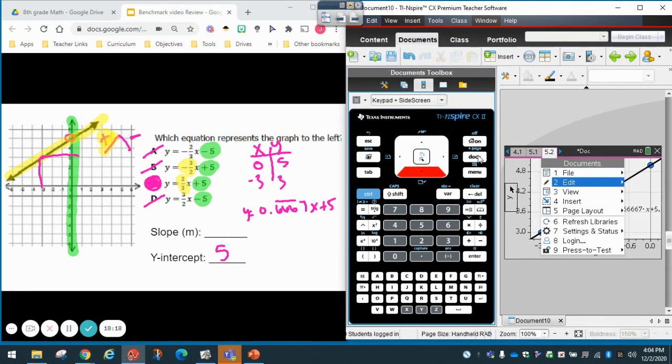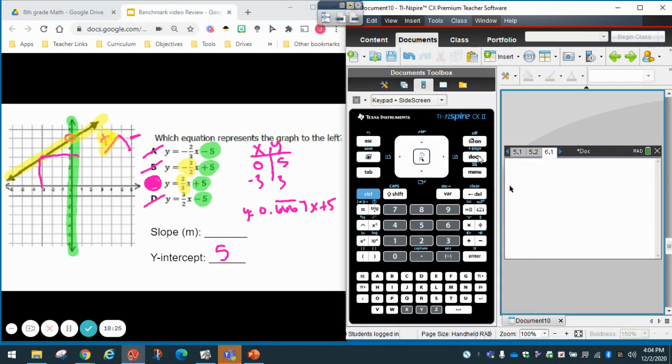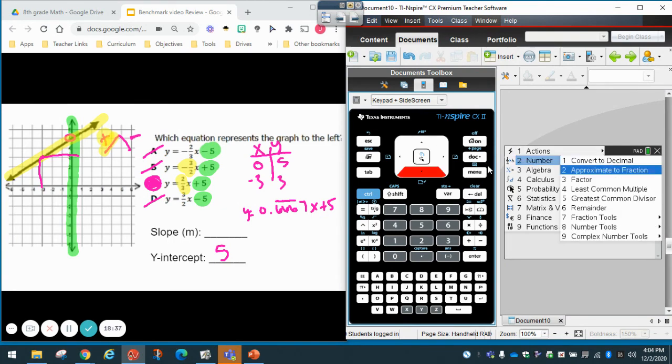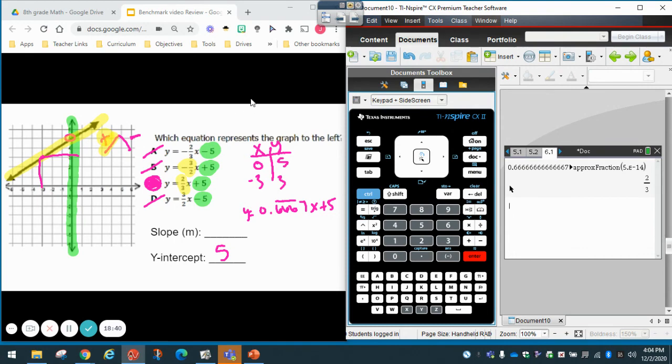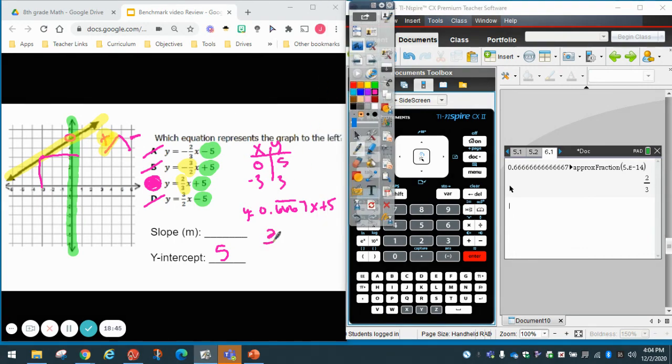So doc, click on number 4, insert, click on number 1, problem, add a calculator, and I have 0 point, a lot of sixes, and a 7. I'm going to go to menu, number, approximate to fraction, and click enter. And you can see here that I can rewrite this as 2/3 x plus 5. So my slope is 2/3. And that's exactly what we got here.